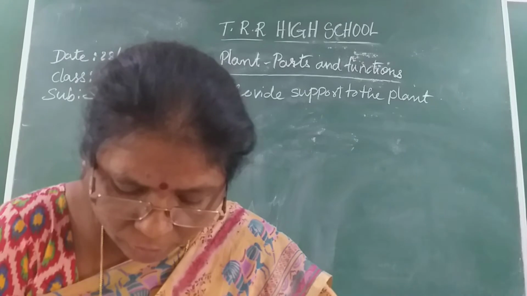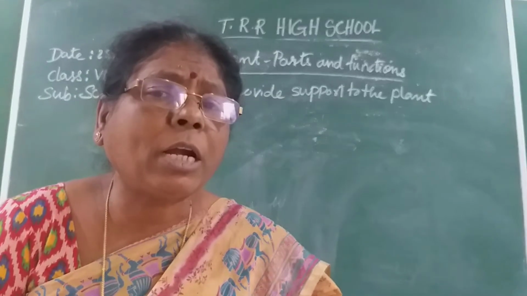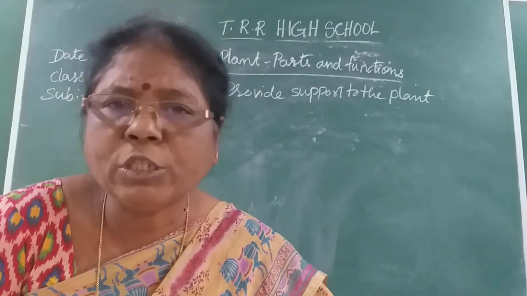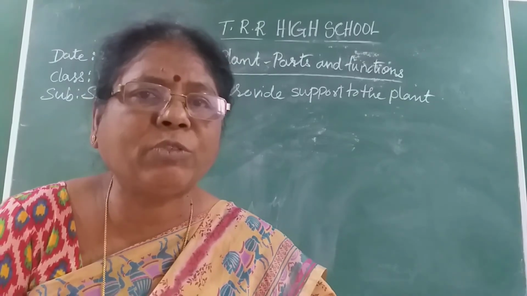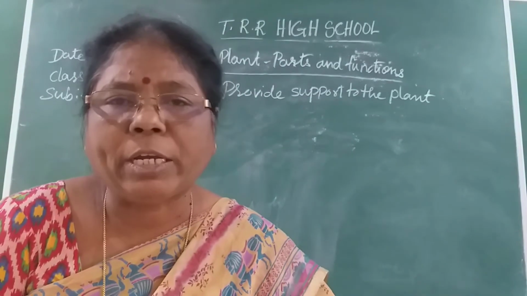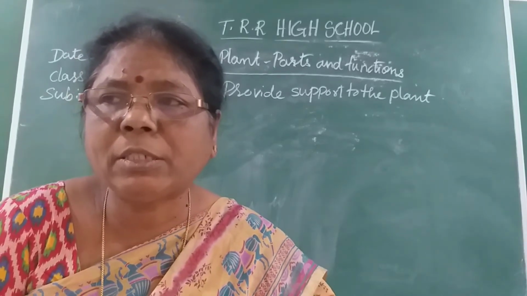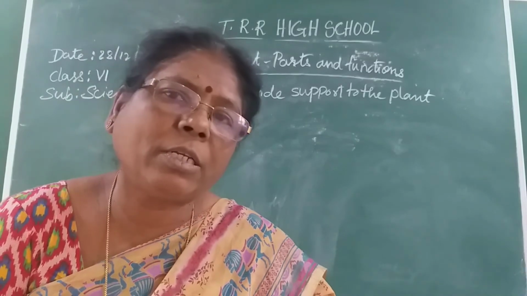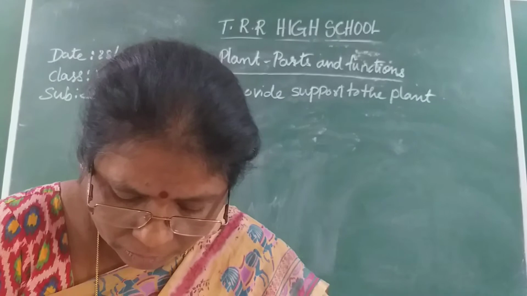Now here we will know what the parts present in the stem are. Which parts are borne by the stem? That is, branches will be there. The stem grows above the soil towards the sunlight. Branches are there, leaves are there, flowers are there, and fruits are also present, isn't it?